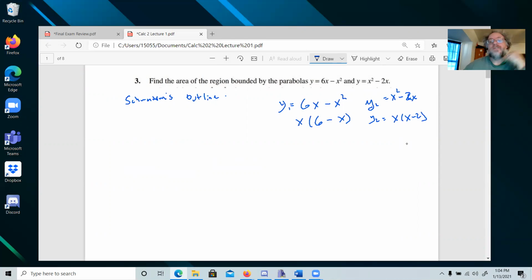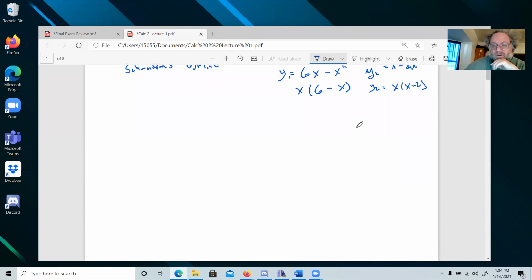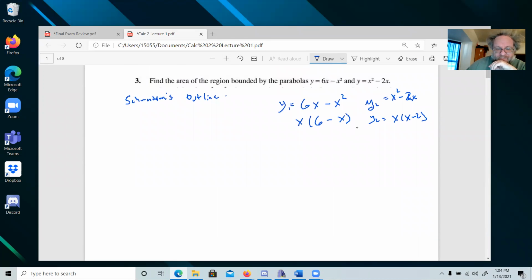Let's do a little bit of a graph of these things, just to get an idea of what's going on. It's clear that both of these have an intercept at 0. This one also has an intercept at 6: if I set this equal to 0, we get x equals 6.